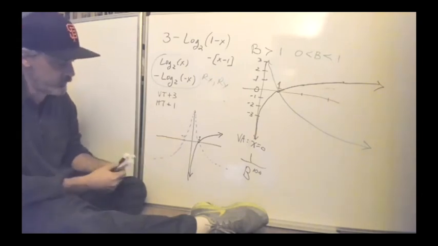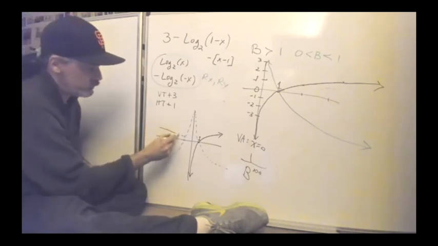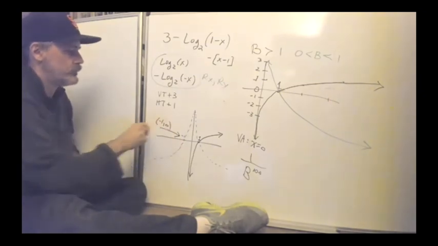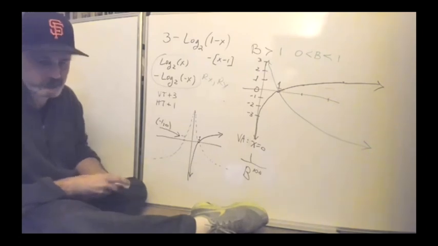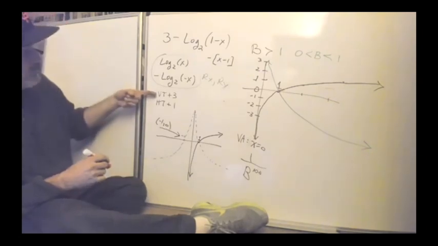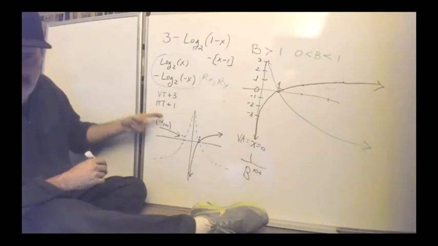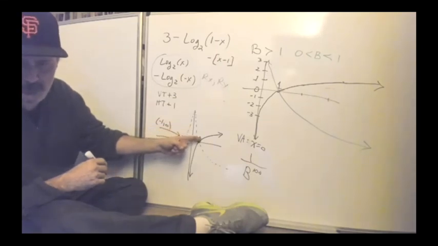And when we move that, we're going to be basing it on not only the vertical asymptote, but also this location over here, -1, 0. So that's going to go up 3 and to the right 1. And if we go to the right 1, then our vertical asymptote is now going to occur at 1.